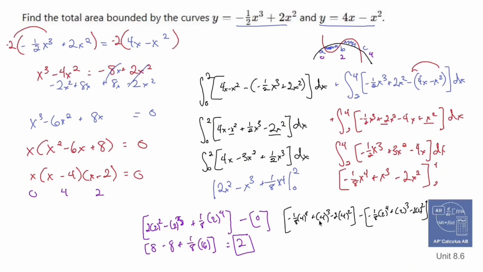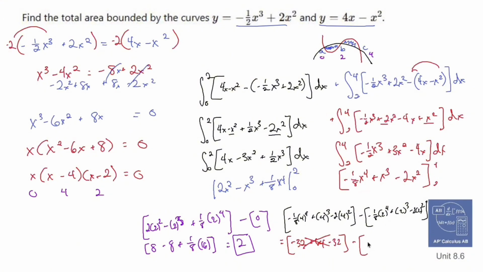Let me see. We are going to end up with 4 to the fourth is 256, and negative 1/8 of that is negative 32. Plus 64. 4 squared is 16 times negative 2, which is negative 32, so that goes away.